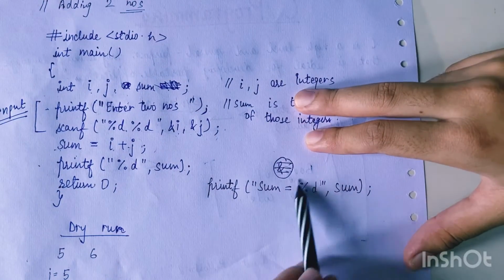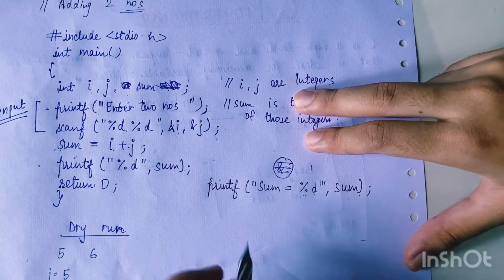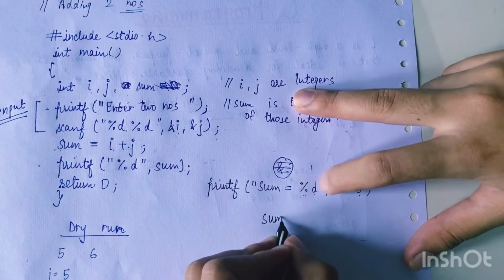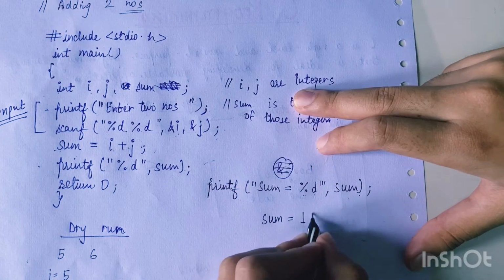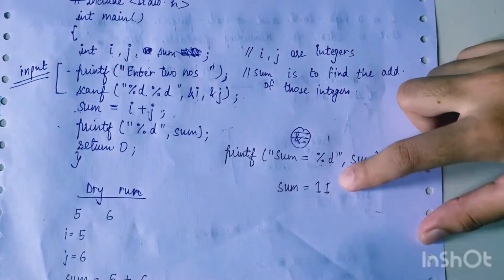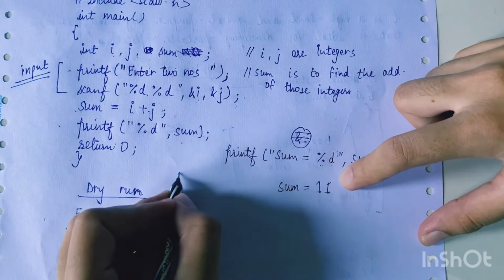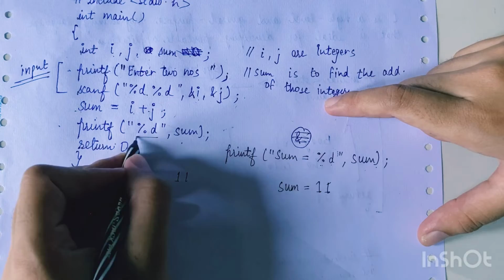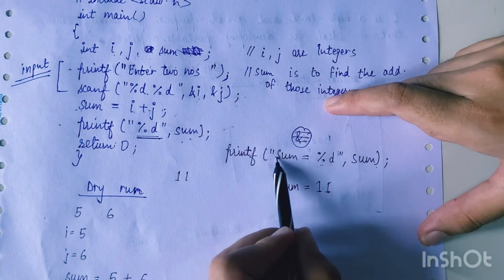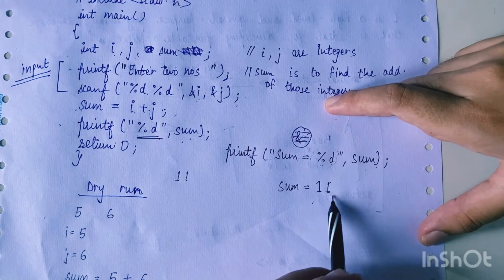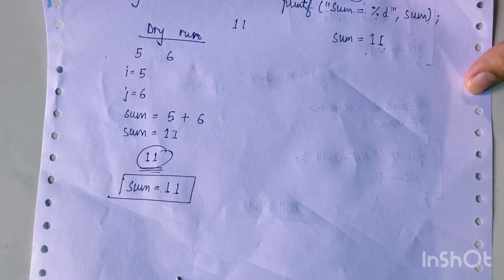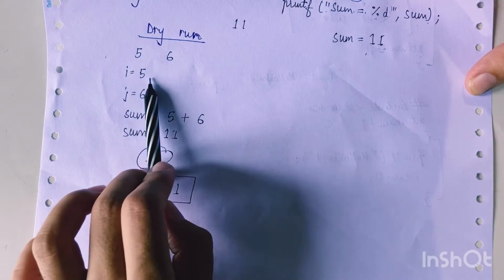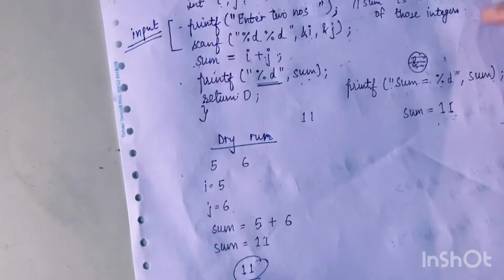Here percent d will take the value of sum, so for this statement the output will be sum is equals to 11, and for the earlier statement the output will be just 11, because there we are just printing the value of sum. Here we are printing sum is equals to the value of sum, that is 11 for the value of i equals 5 and j equals 6.